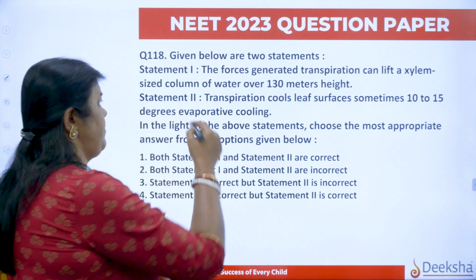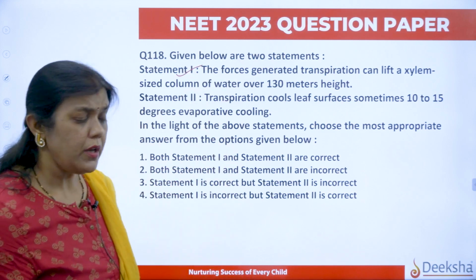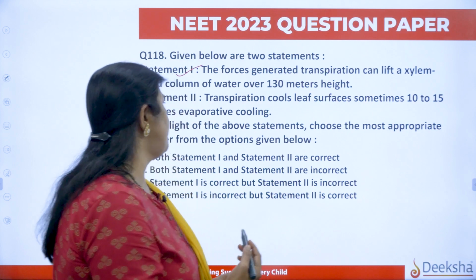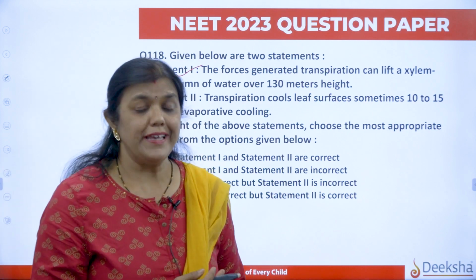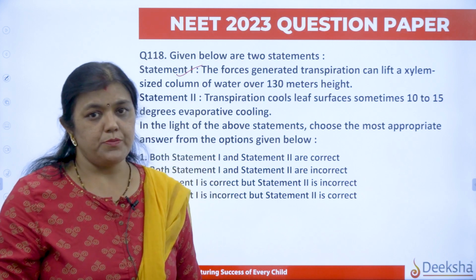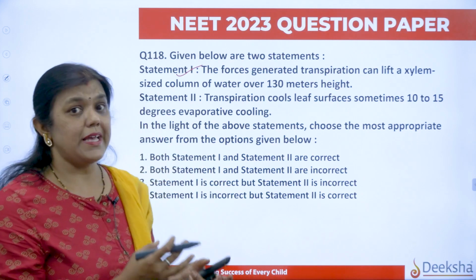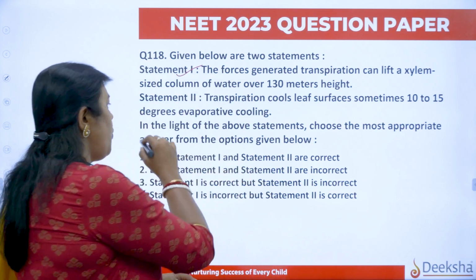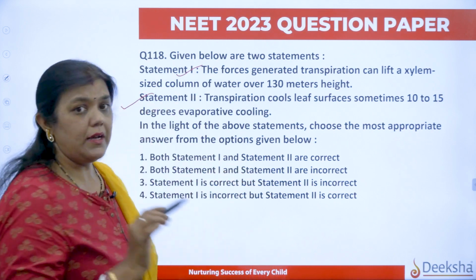So statement 1 is the right answer. Let us see the next one: transpiration cools the leaf surface, sometimes 10 to 15 degrees, by evaporative cooling. Yes, the leaf surface can be cooled by the transpiration process, and statement 2 is also correct. So statement 1 and statement 2 both are correct.